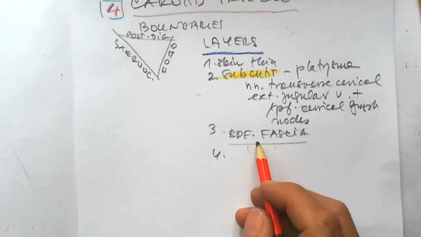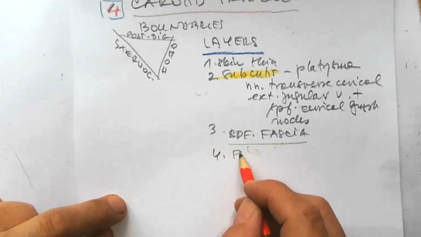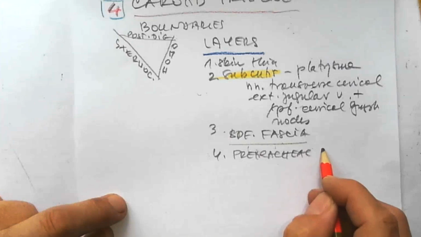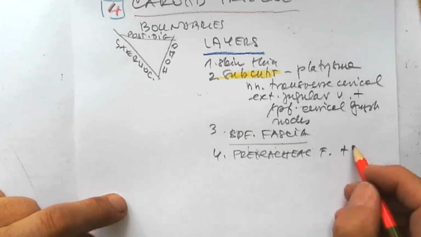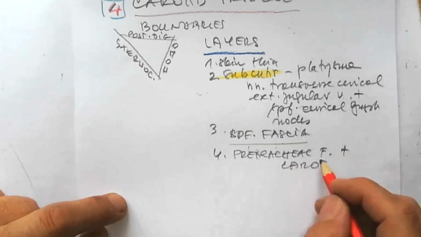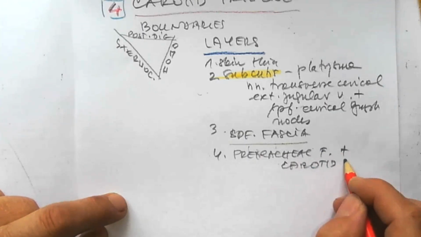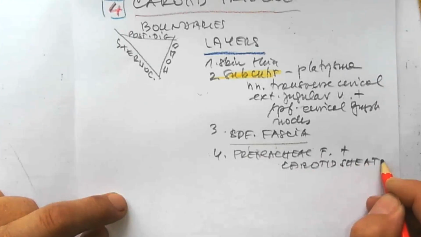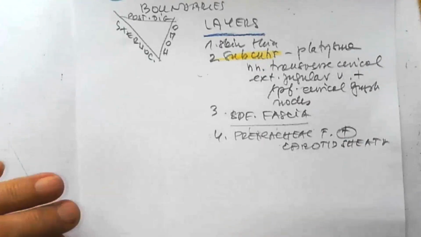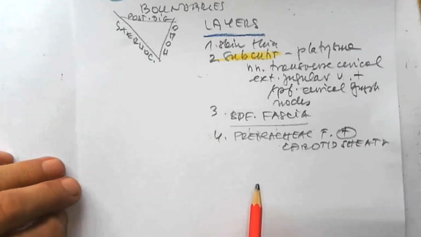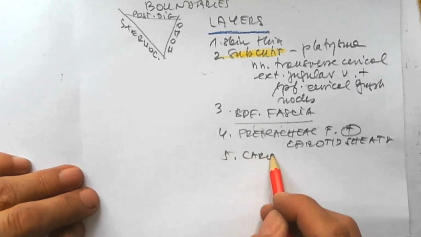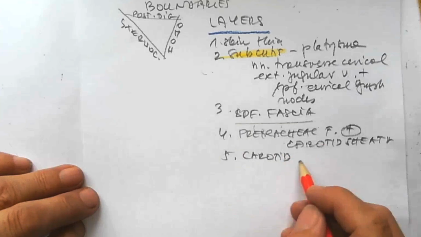Number 4, then follows the tracheal fascia, plus the carotid sheath. We have already drawn the carotid sheath, we will not repeat it. No need. The carotid sheath is a fragment of that. Then must be the common carotid, we would say carotid arteries.